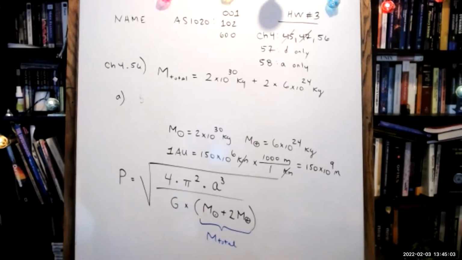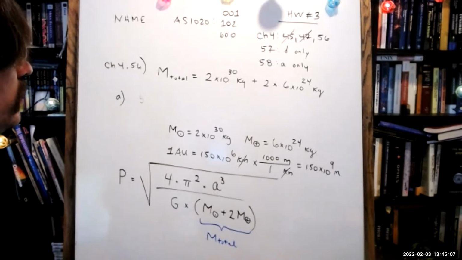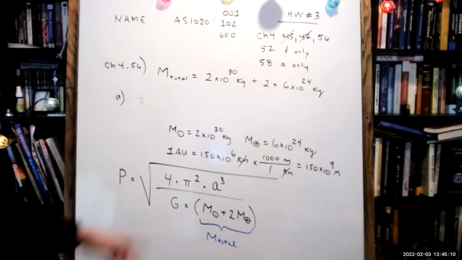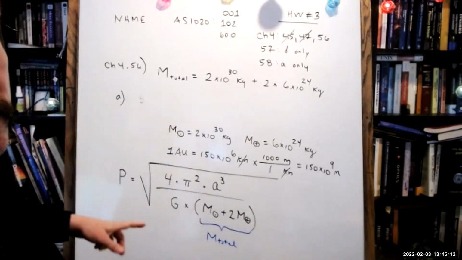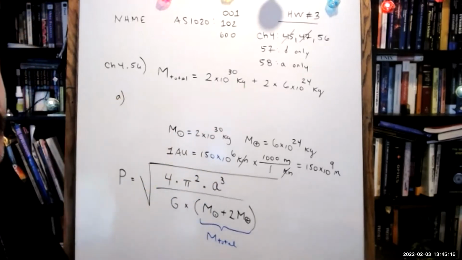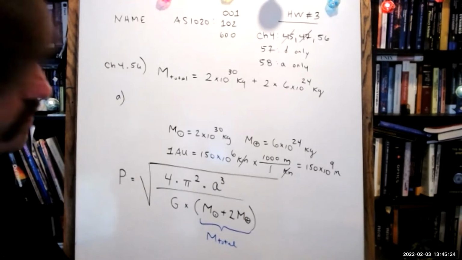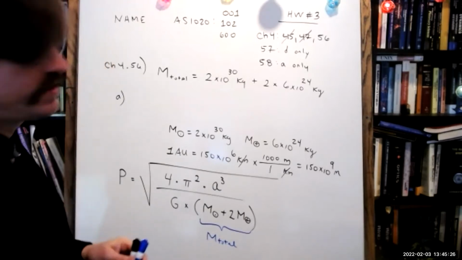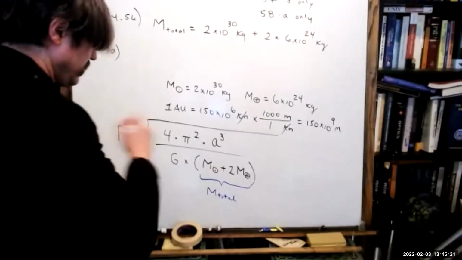Sure. So 2 times 10 to the 30th. Hold on, Emma, wasn't that just the mass of the sun? Yes. How did you add the mass of the Earth and just get the mass of the sun again? Well, if you want me to round to 1 sig fig, then the mass of the Earth would be insignificant compared to the mass of the sun. That is my point. This is a trick. You have to be able to know to play this trick.